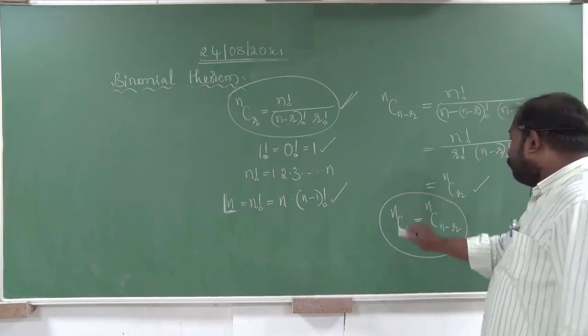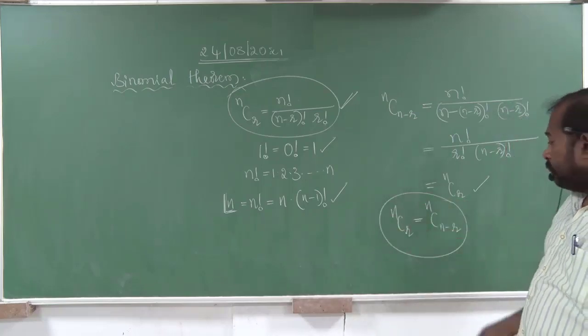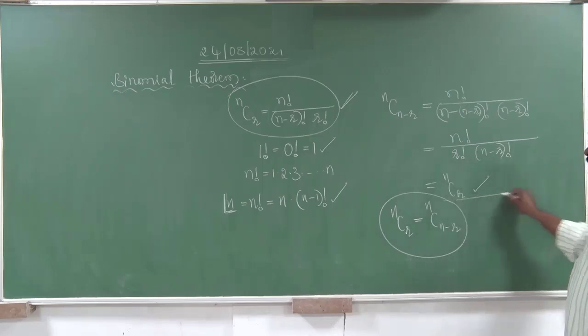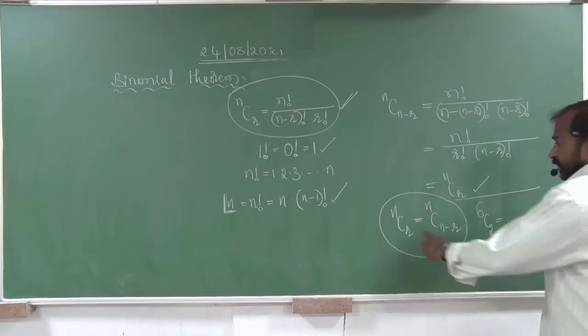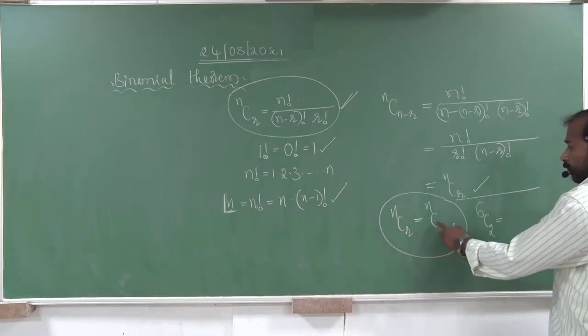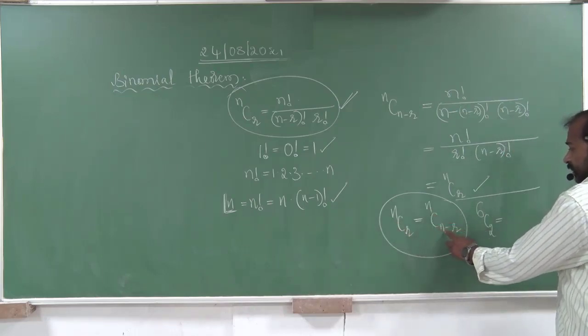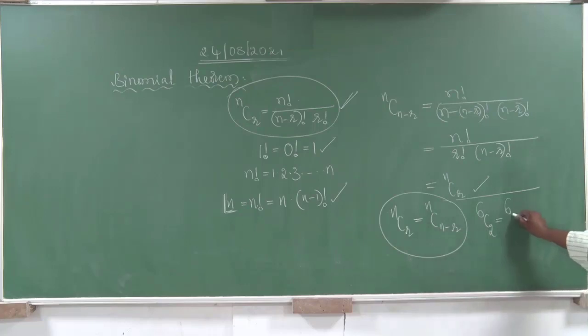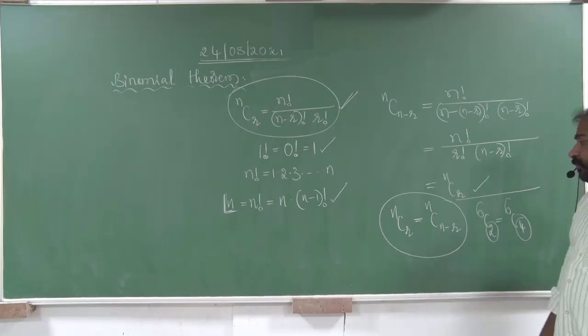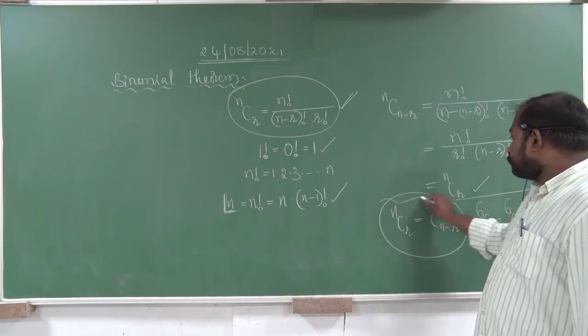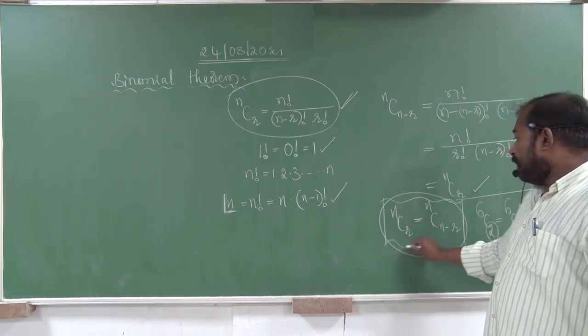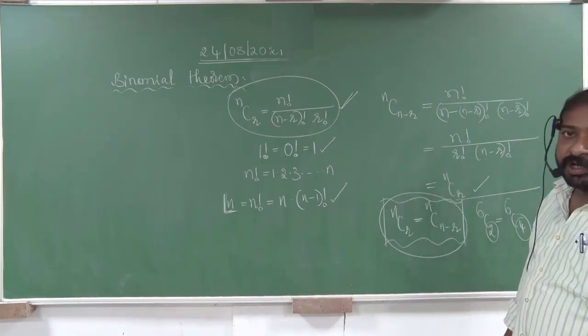This is one more very, very important point. Basing on this, for example, if you calculate the 6C2 value, 6C2 is equal to 6C(6 minus 2), meaning 6C4. The sum of these two lower values is nothing but 6. So nCr equal to nC(n minus r) is the formula.